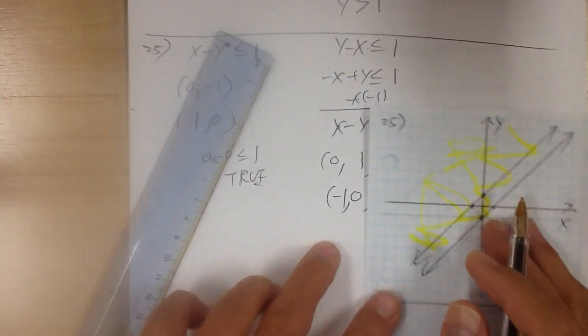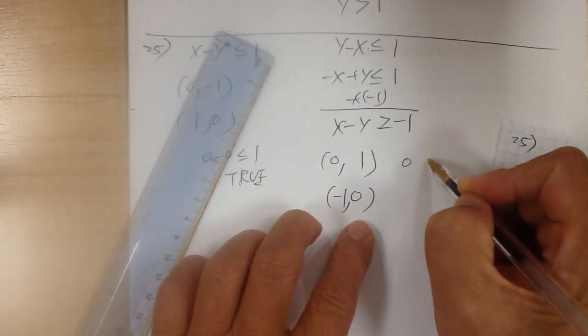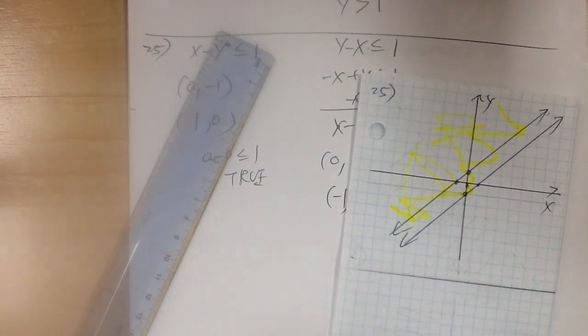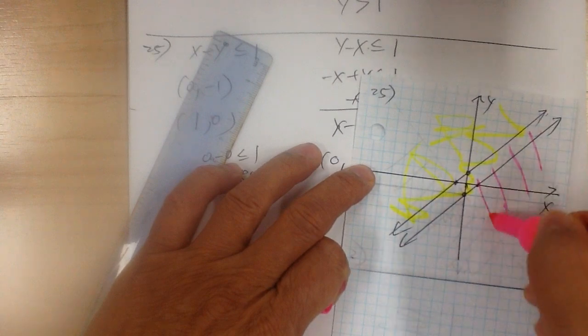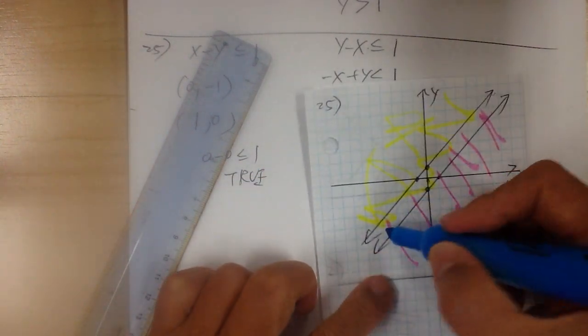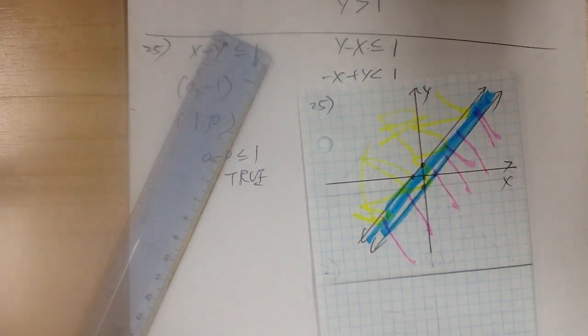To do the testing point, 0, 0, put 0 in here, you get 0 minus 0 is greater than or equal to negative 1. So that's true. So in this case, you shade these. The part that gets shaded twice would be this little strip right in the middle, right over here.